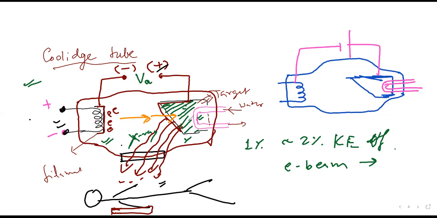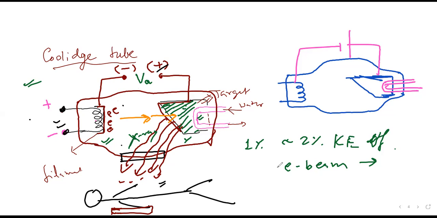Intensity means the density of X-rays. Density will increase only when you increase the number of electrons, which depends on how much you are heating the filament. Whereas the energy of X-rays depends upon the accelerating voltage, as you said, on the kinetic energy of the electrons.